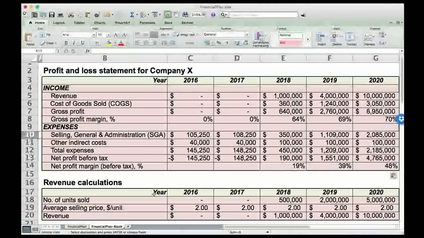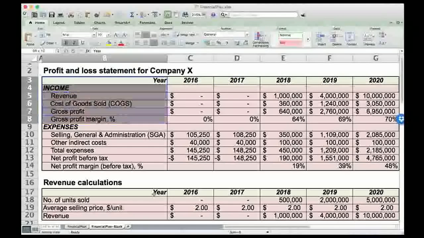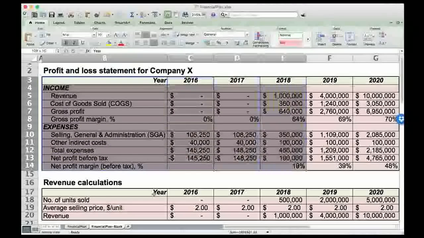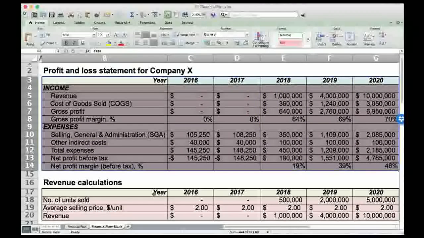So that is how you develop a profit and loss statement. So these are your financial projections for 2016 till 2020, and you use this profit and loss statement in your business plan.